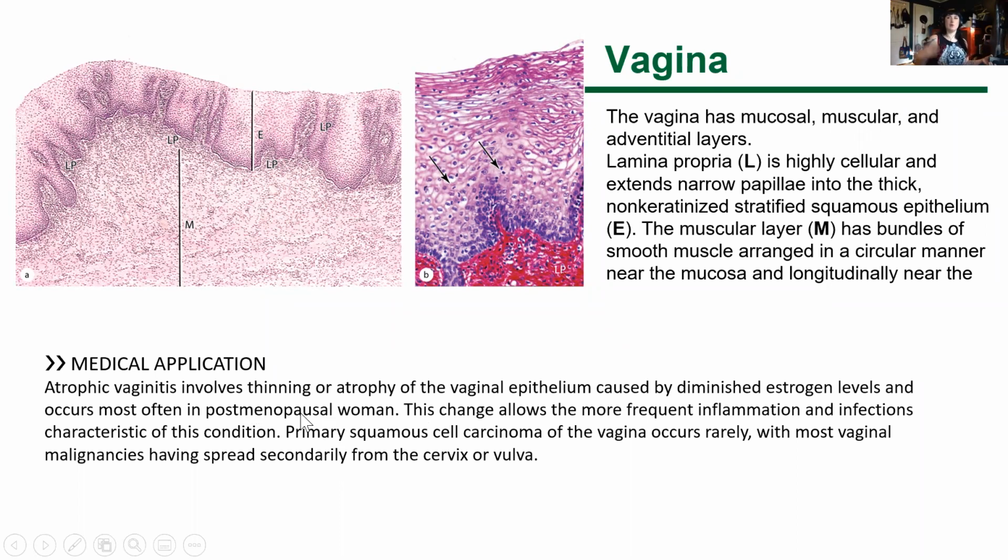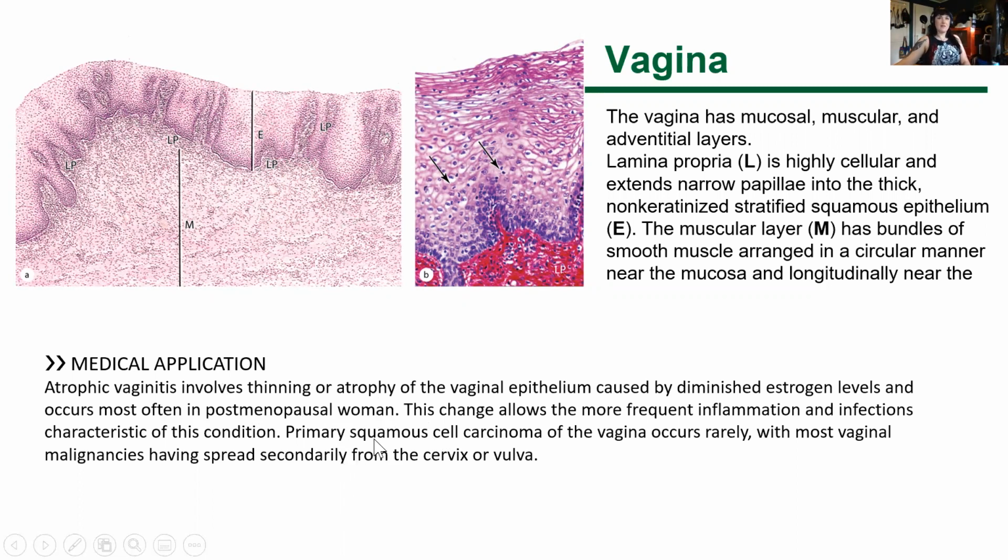So postmenopausal people might experience this essentially because there's no more follicular phase of the ovary, estrogen levels tank, and this can cause a variety of problems. But one of them is the epithelium is not as well maintained. So there's not as much cell turnover, and all of this stuff kind of gets thinner. So this produces changes in sexual behavior and experience, and it also can predispose one to more frequent inflammation and infections. So more care needs to be taken when maintaining this structure after menopause.